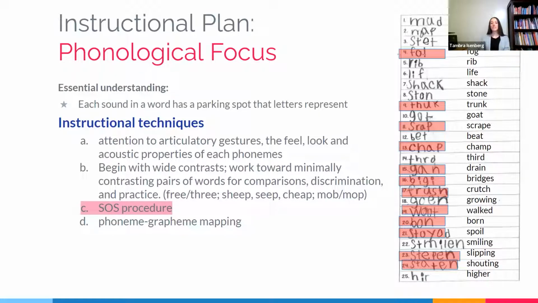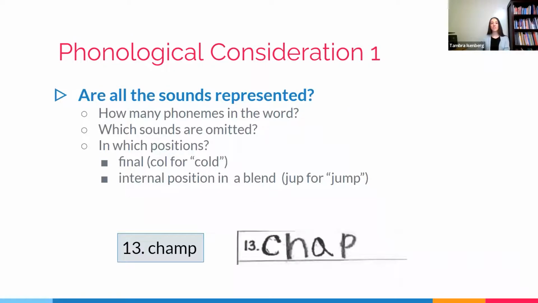We also want to give students lots of practice segmenting words into individual phonemes or speech sounds, using instructional routines like simultaneous oral spelling or phoneme grapheme mapping, which you can find more about in the Wakelet. Again, this isn't an exhaustive list, but these are some strategies that can be really powerful and can make a big difference for students who are struggling with that phonological layer. So now we're going to go into a little bit more depth with just a few of those.